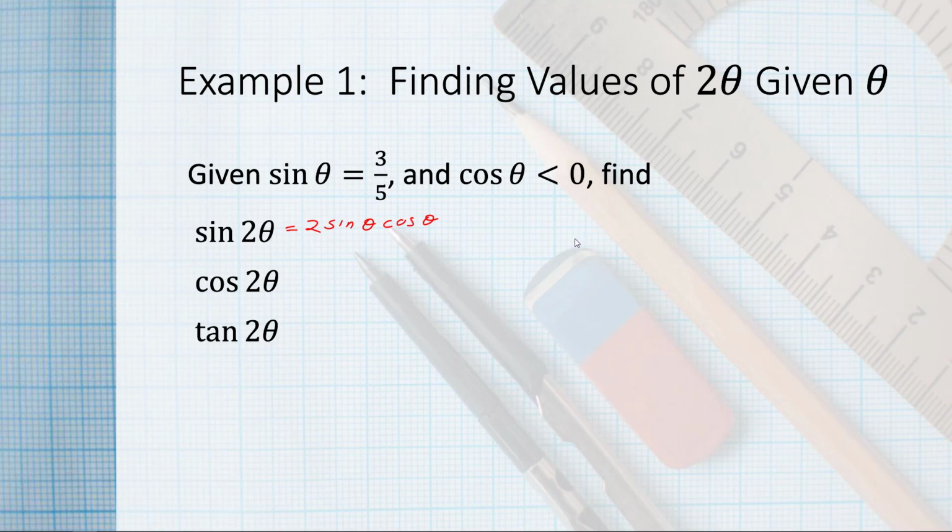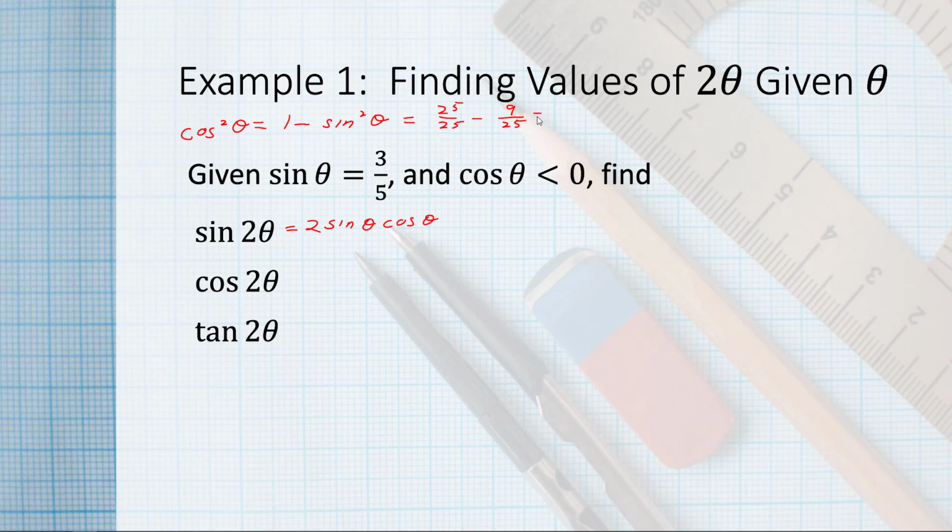And of course, we can figure that out using the Pythagorean identity, and rearranging that a little bit, we will have that cosine squared of theta is equal to 1 minus sine squared theta. And evaluating that for the case where sine is equal to 3/5, well, instead of 1, how about 25 over 25 minus sine squared theta, which will be 3 squared, which is 9, divided by 5 squared, which is 25.